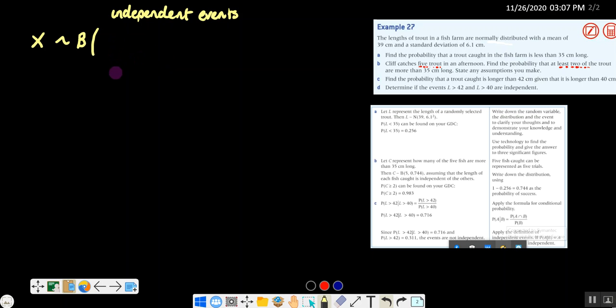So how do we express a binomial distribution? What goes in? It's n and p in your formula booklets. So X is binomially distributed. And what's n? In this case, n equals 5. What's p?